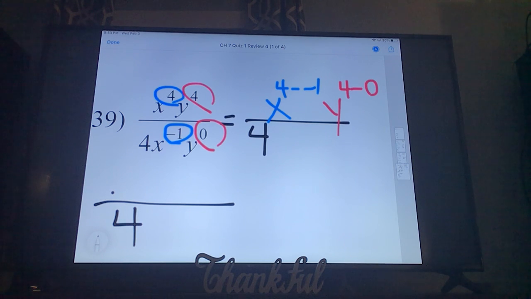What's a minus minus? It's a plus. So you're going to have x to the 5. Y to the 4 minus 0 is 4. Okay, do we have any negatives? Do we have any zeros? No, so we're done.